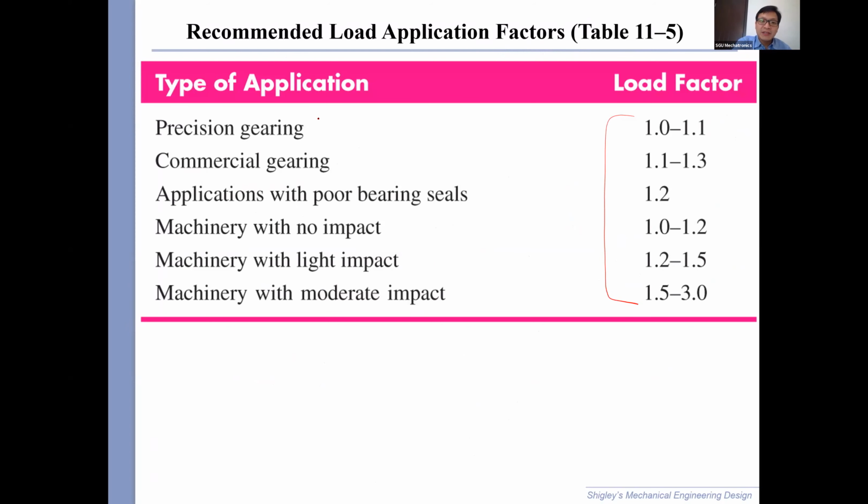If your gearing is not as precise, there is some vibration due to the gear not being smooth. Poor bearing seals, machinery with no impact, light impact, moderate impact. This is all a range, I guess. So again, an engineer estimates, right? That's what we do, estimation. If you feel this is really bad, then you take the upper limit.